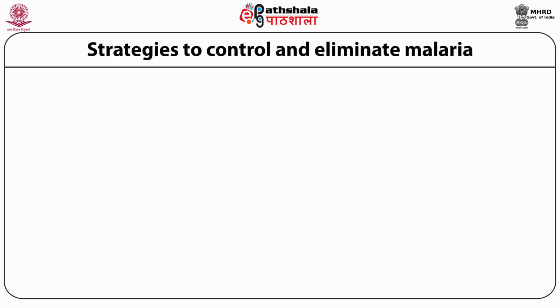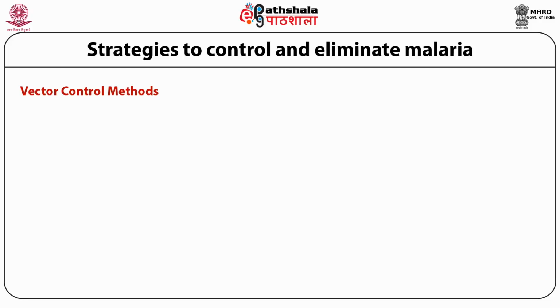In malaria programs, the vector control measures include interventions that restrict the transmission of malaria parasites by controlling the vector population. As the female Anopheles mosquito is a moving target, the vector control measures can be broadly classified into various categories, which we discussed.